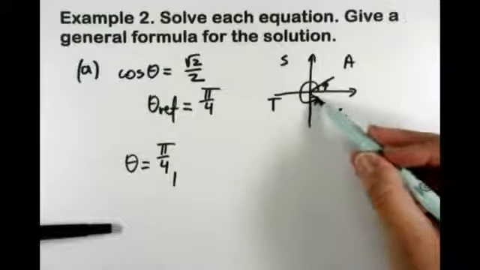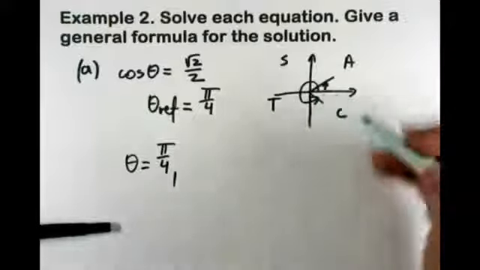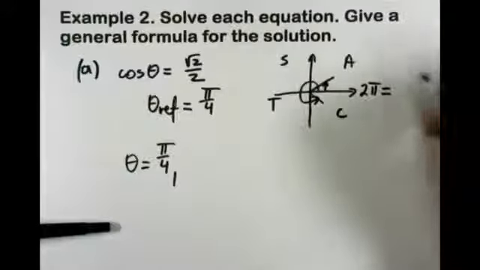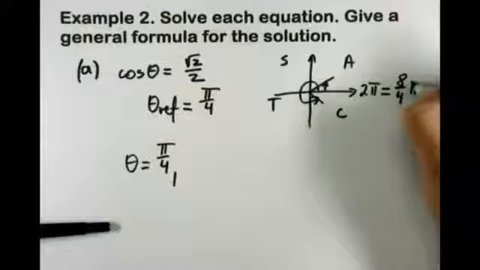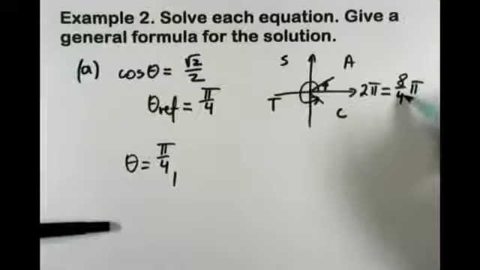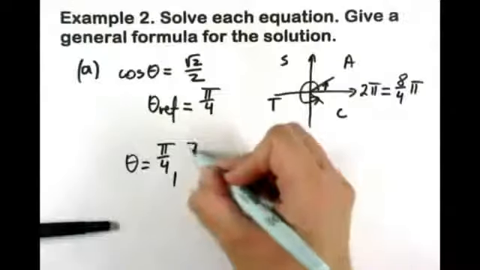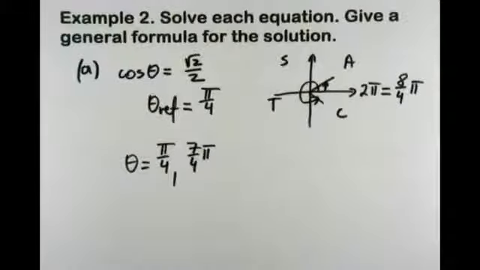Whole revolution minus pi over 4. Whole revolution is 2 pi, and in terms of fourths, 2 is 8/4 pi. So 8/4 minus 1/4 gives me 7/4 pi. That would be the solution within one revolution, 0 to 2 pi.